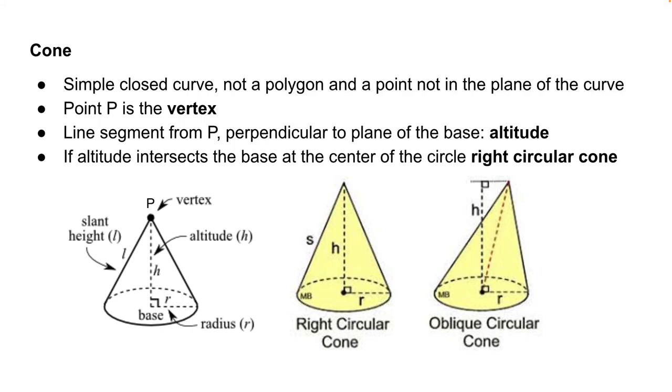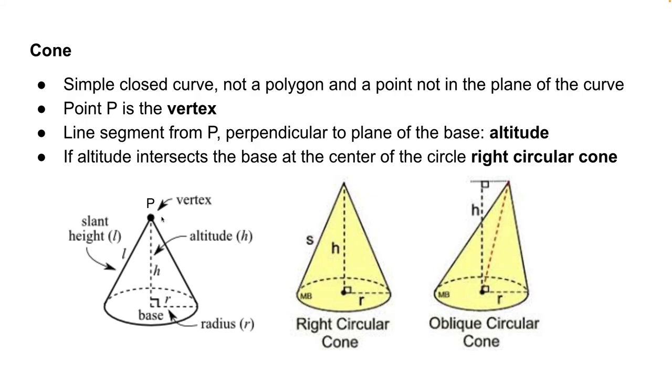Okay, and now let's talk about the cone. A cone is also not a polyhedron because the base is a circle, right? It's not a polygon. It's not a straight line segment. So it is not a polygon, and there is a point outside the plane of the curve. Similar to a pyramid, the point is outside of this surface, and we call that the vertex.